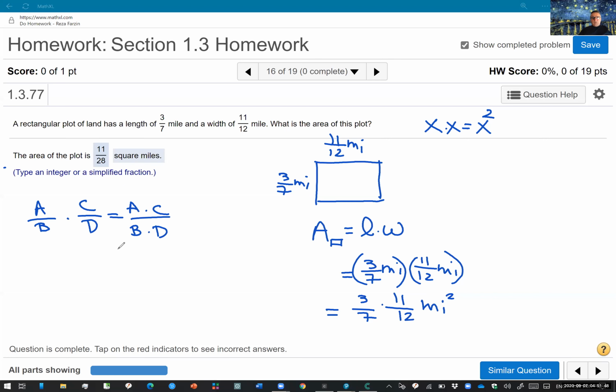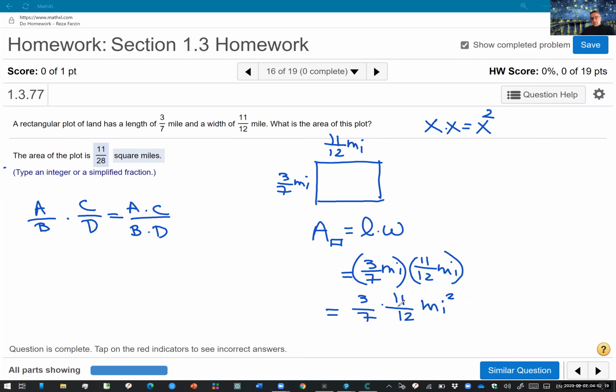However, there's a golden rule: only multiply across if you have already simplified both fractions. I look at 3/7 and 11/12, and I notice there is some simplifying I can do first. Doing that is going to make your life much simpler because you're going to deal with a lot smaller numbers.